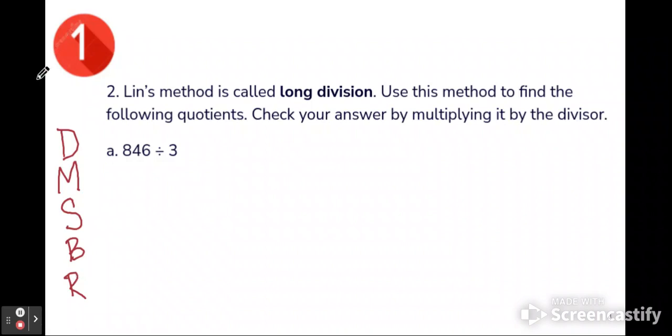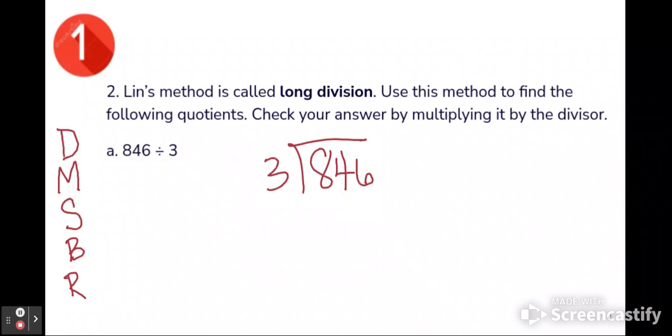I'm going to set up the problem for you: 846 divided by 3. Notice the first number, 846, goes inside my division bracket because that is what is being divided. The 3 that comes after it goes on the outside of my division bracket because that's what I'm dividing by.